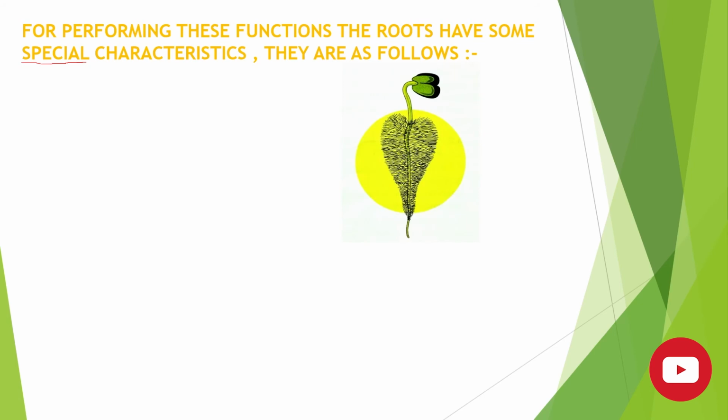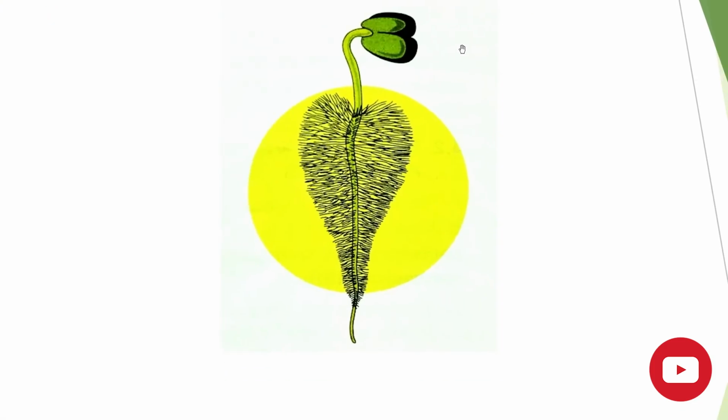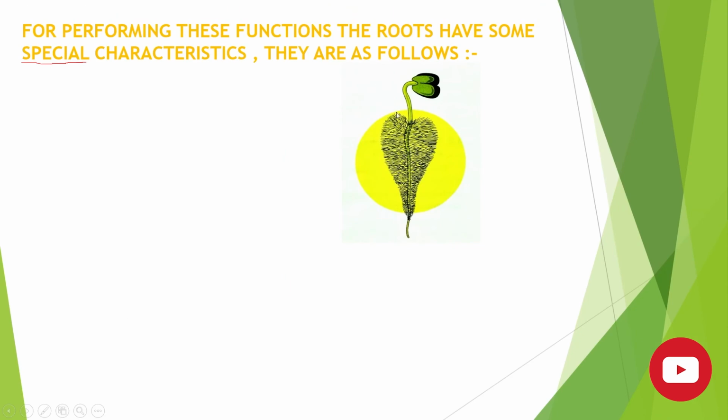First, let us look into this diagram. This is a very small seedling, but it has such an extensive network of roots. You all can see that, right? The shoot system of the plant is almost undeveloped, but if you look into the root system, it's just huge.